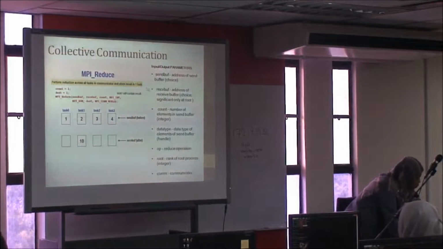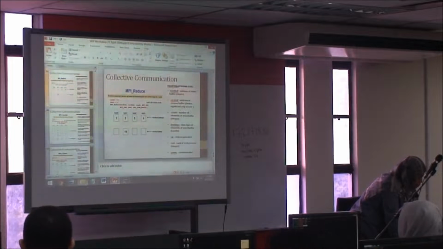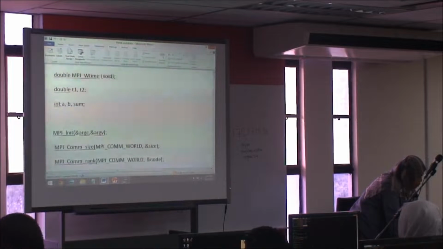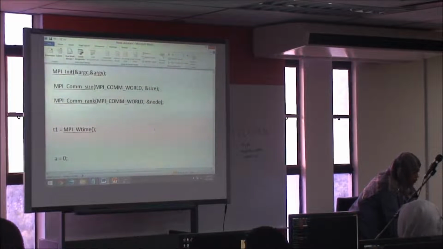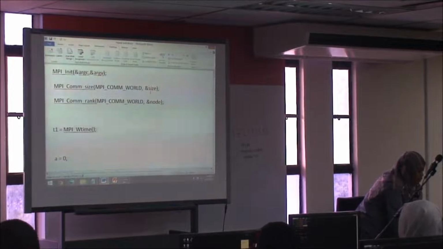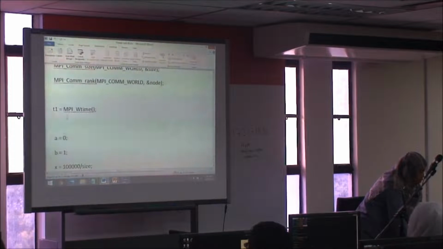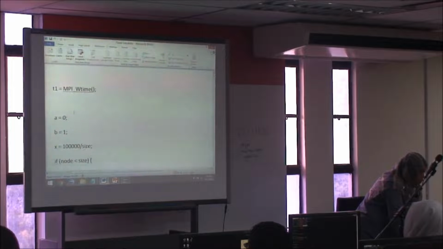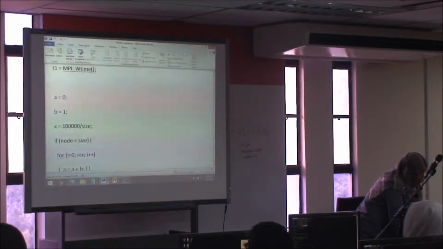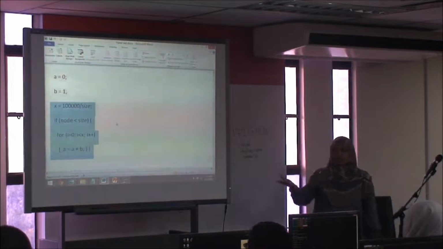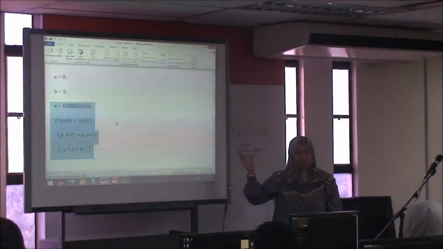So now I'm showing you the code. Again it's the same. The size is held by size and rank is for the rank. And then I start the MPI_Wtime. e equals 0, b equals 1. So this equation is similar to the data partitioning program.